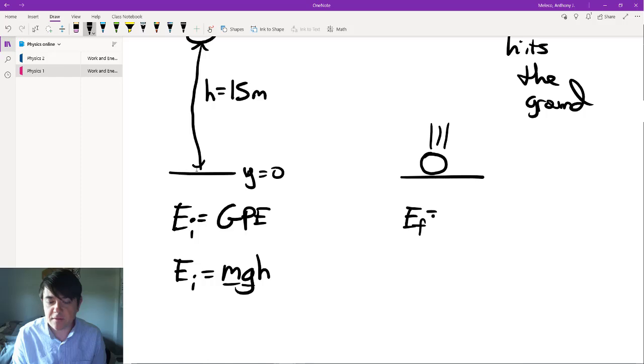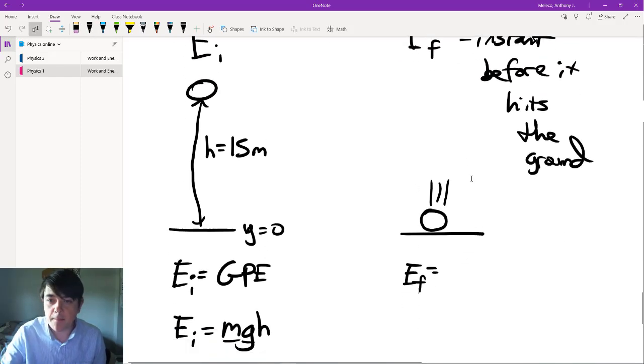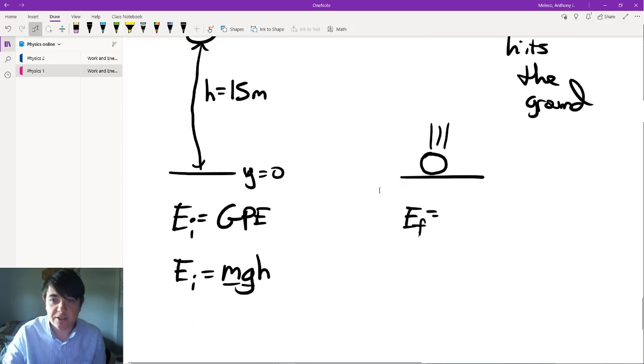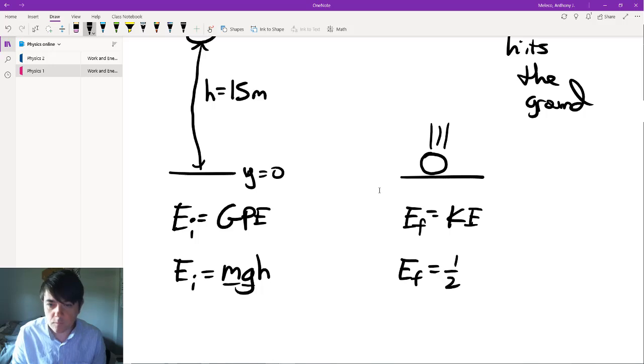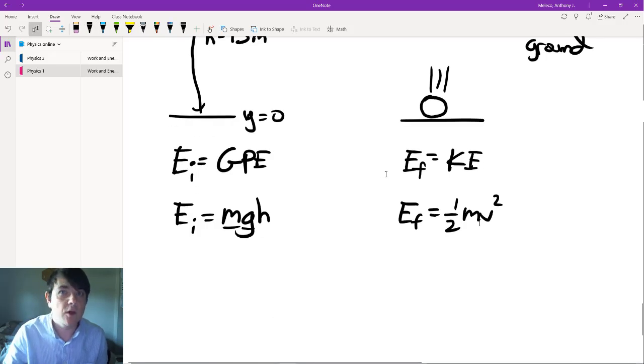In the final state, there are still no springs, and it's negligibly above the ground, so there's not really any gravitational potential energy either. But it is moving, so it has kinetic energy. So E final is that, and remember we derived this using kinematics, as well as the work equation.